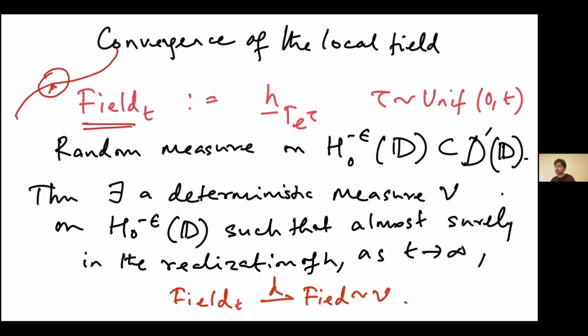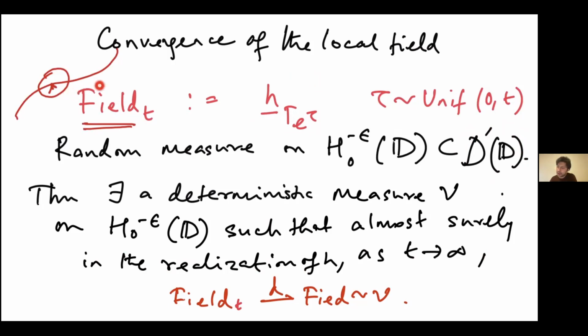And so this lives on the space of distributions. D is the space of all smooth functions, and D prime is the space of all continuous linear functionals. Because the Gaussian free field lives on these negative Holder spaces, this object can also be thought of as living in these negative Holder spaces.